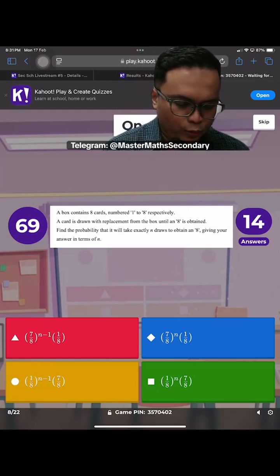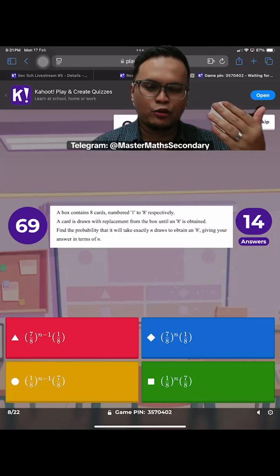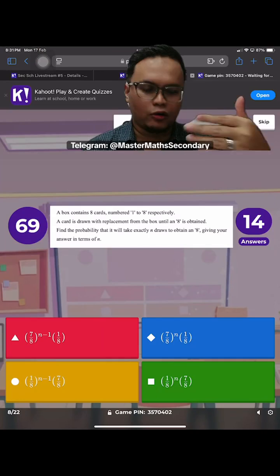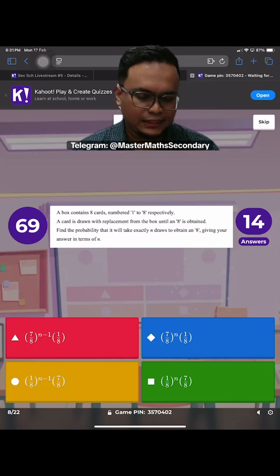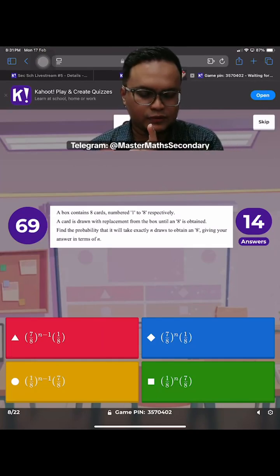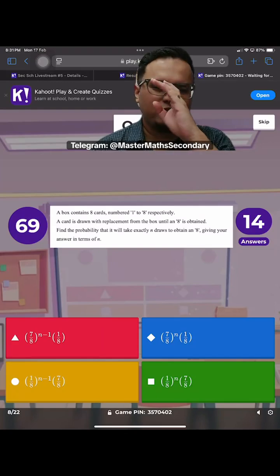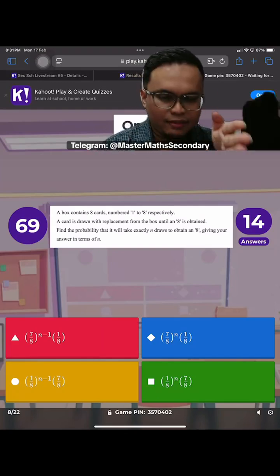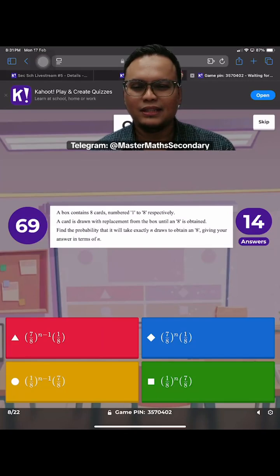Let's take a look at how this is done. When you are required to get n draws to get the number 8, this means that the first n minus 1 draws, all the previous draws before the nth draw, you will actually get something that is not 8.